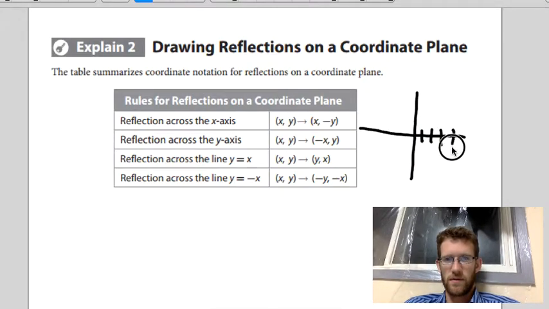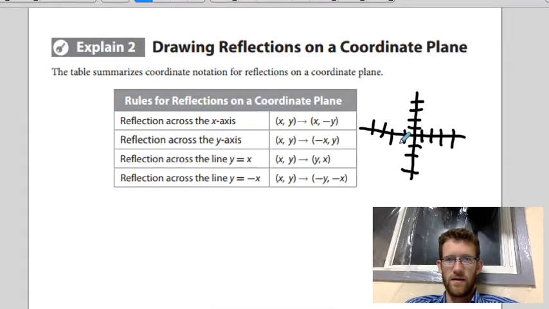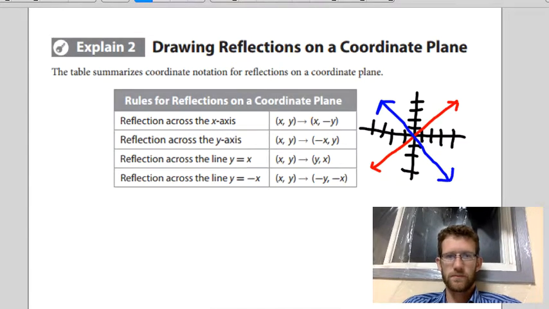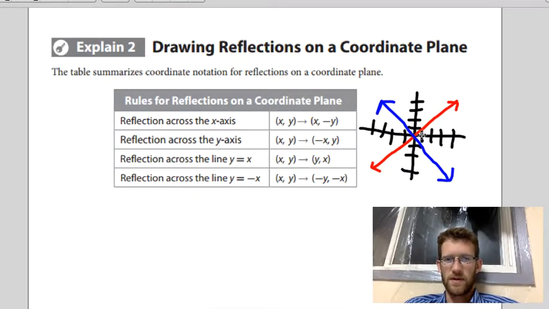Just a reminder: the line y equals x is simply this line here. It goes in a nice perfect diagonal. And then the line y equals -x is something like this. So be prepared to do reflections over those lines.